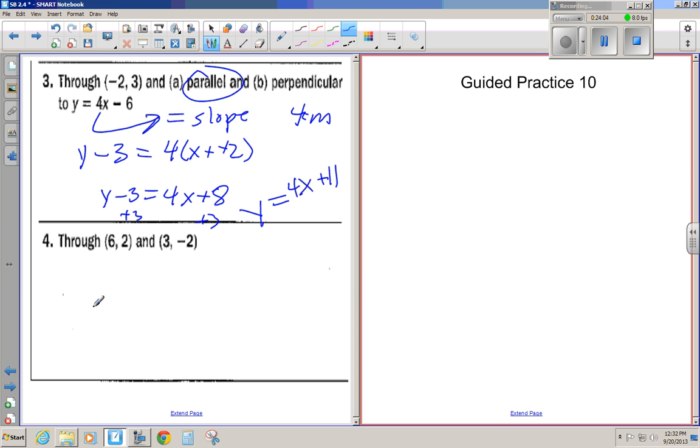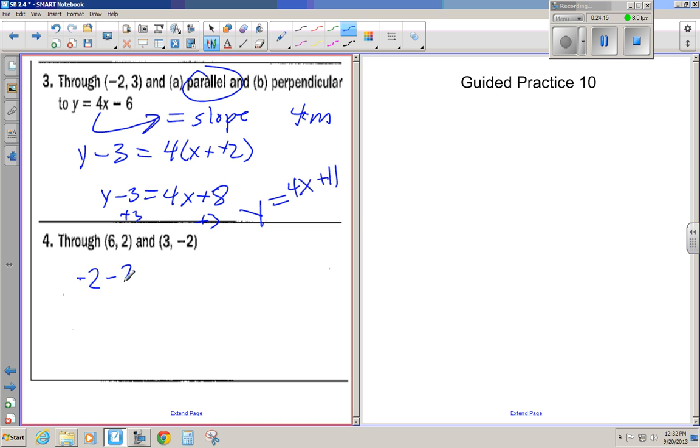All right, now let's do it through (6, 2) and these 2 points. All right, so y2 minus y1, negative 2 minus 2, over 3 minus 6. That gives me negative 4 over negative 3, or 4/3. So my slope is 4/3.